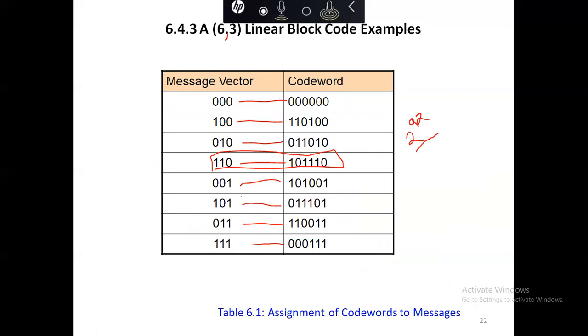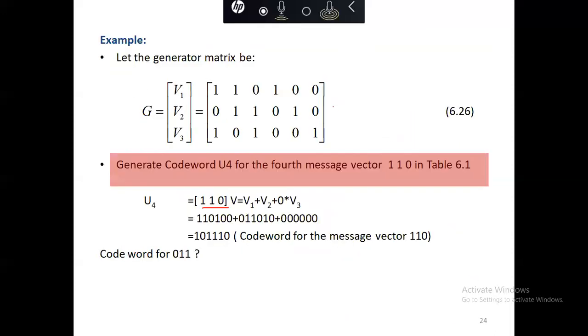This K is equal to 3. This does not mean that K is equal to 8. It's of order 3 into 6. So here the order is 3 into 6.